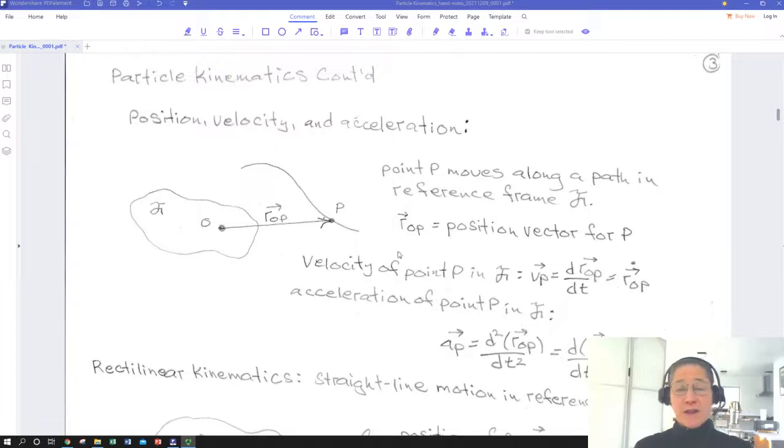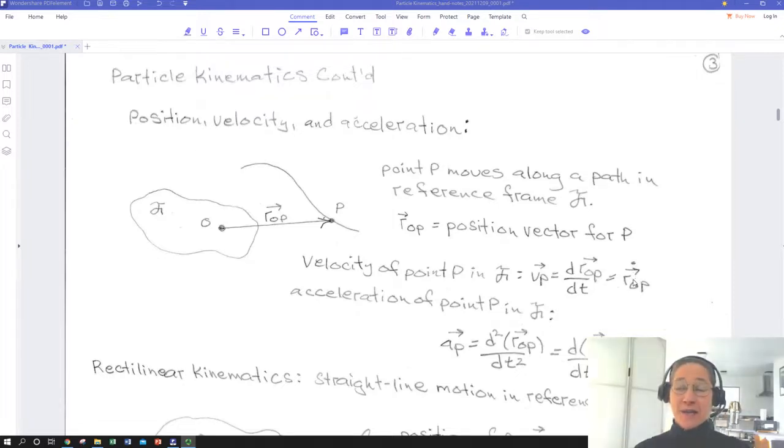Oh, I can define that position as a radius vector pointing from O to P. Okay, great. So I've now defined velocity as the time derivative of position, and I can write it as ROP. It's a vector, so it has an arrow, and it has a dot, meaning that this is the first time derivative of ROP with respect to t.